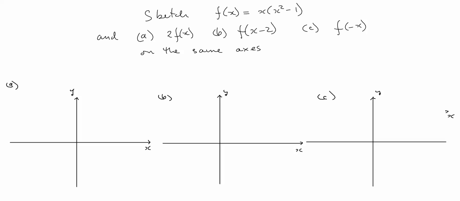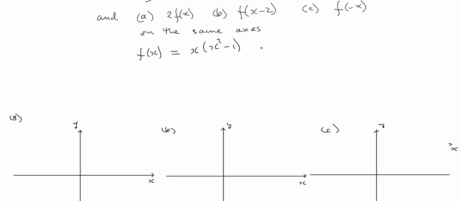Now, what is the curve x brackets x squared minus 1? Well, this is a cubic curve. We could expand it by writing it x cubed minus x, and we'll see if it's a cubic. Or we could factorise it. X squared minus 1 factorises into x minus 1, x plus 1.